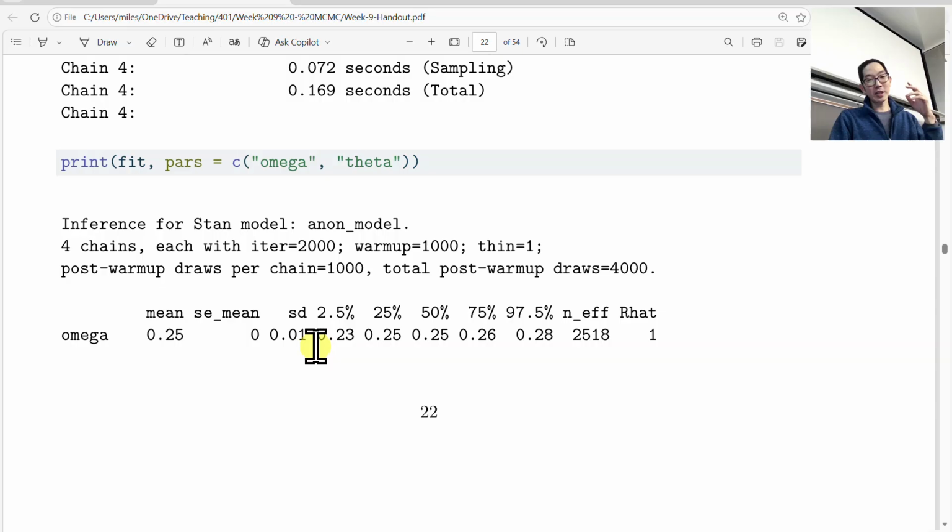And it says my 95% interval, the 2.5 percentile is around 0.23. The 97.5 percentile is 0.28. So we have a 95% credibility interval going between 0.23 and 0.28, which sounds pretty good. And our 50th percentile is around 0.25, and so on and so forth.